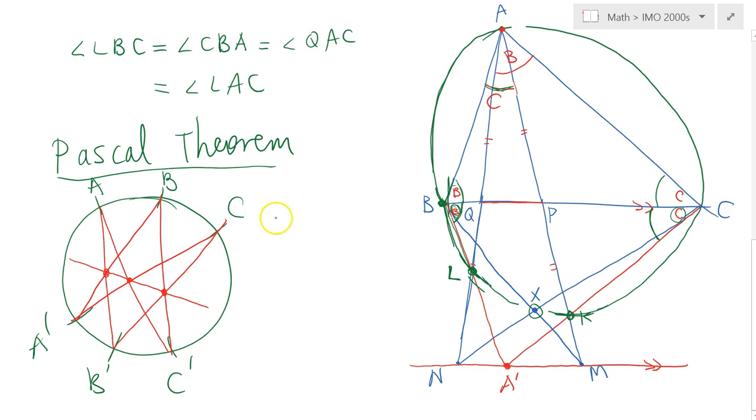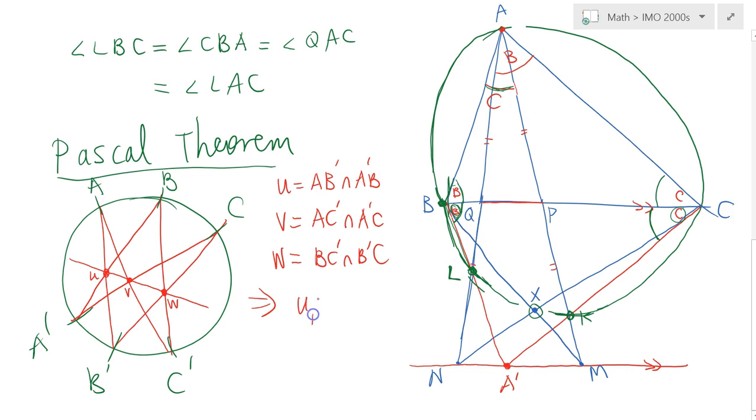If you call these 3 points U, V, W, then U is equal to the intersection of AB prime and A prime B. V is equal to the intersection of AC prime and A prime C, and W is equal to the intersection of BC prime and B prime C. Pascal's theorem basically tells us that U, V, and W are collinear, if these 6 points are on the circle.